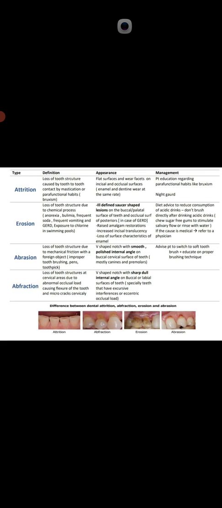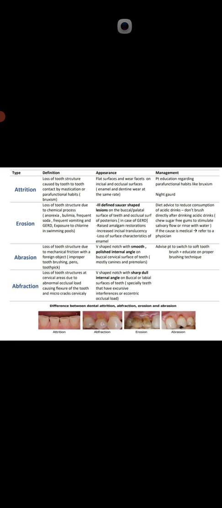Here in this chart, there is each type of non-carious lesion, its definition, its appearance, and its management. First type is attrition. Look at the diagram below. In attrition, the enamel and dentine wear occur at the same rate, and it occurs due to opposing teeth.